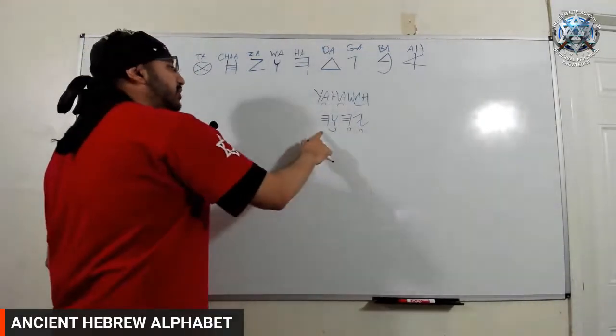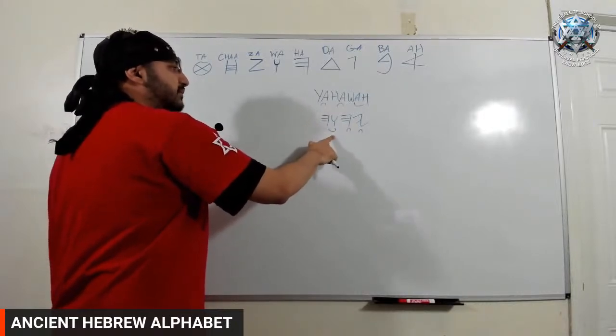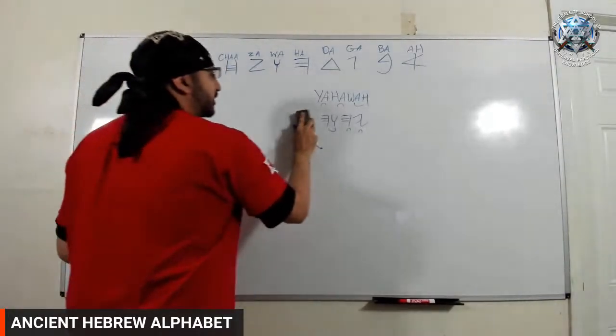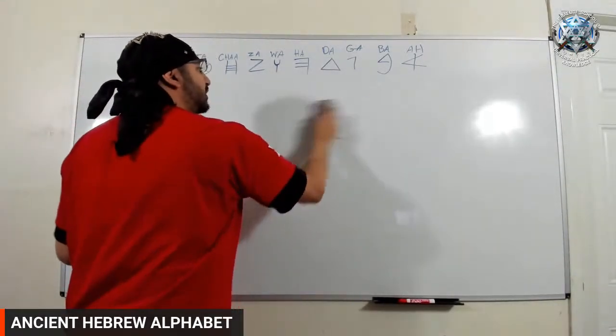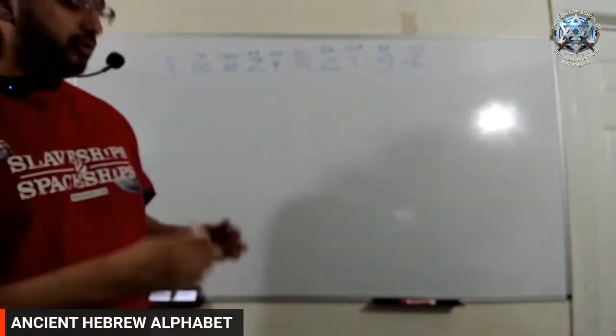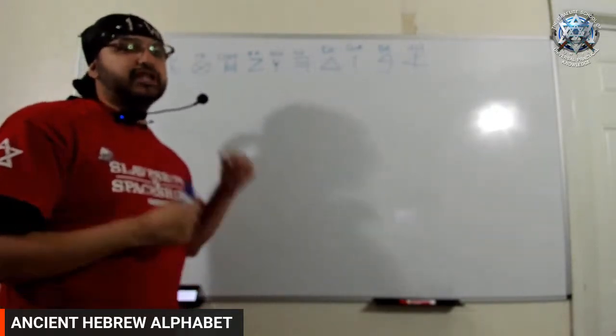So that's why we don't pronounce the ha at the end here. It's just joined with this one. I just want to give you a small example of that as we're typing the alphabet here. The Most High's name is Yahweh, not Jehovah, not God or any kind of simple things like that.